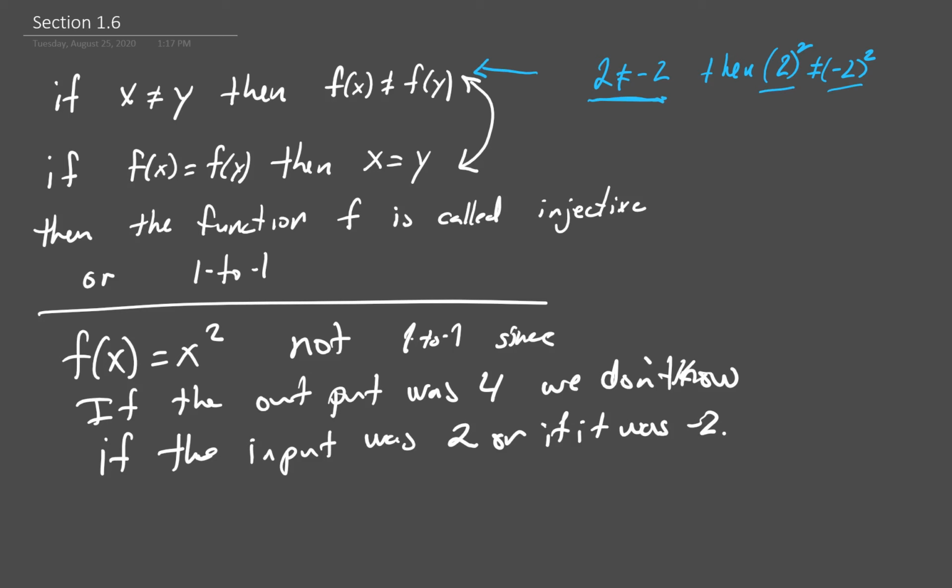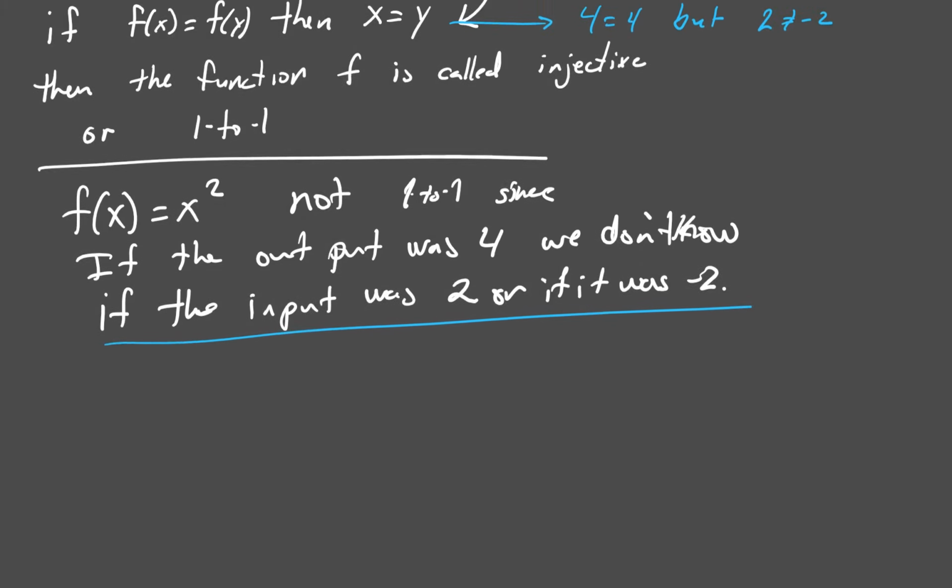So x squared is not a 1-to-1 function. And we could see it here, like 4 equals 4, but 2 does not equal -2, right? That's that statement. Okay, so this is an example of a not 1-to-1 function.